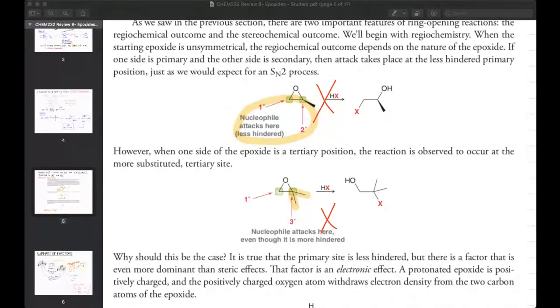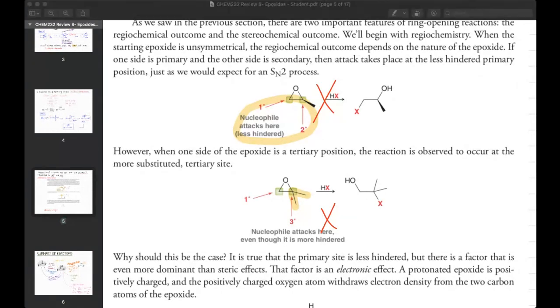This is wrong. Okay, because the book kind of splits it into two different categories, and that is not what really happens. It's always under acidic conditions that the nucleophile will attack the more substituted site, regardless if it's primary, secondary, or tertiary. So if you're a person that follows the book really closely, please take note of that.